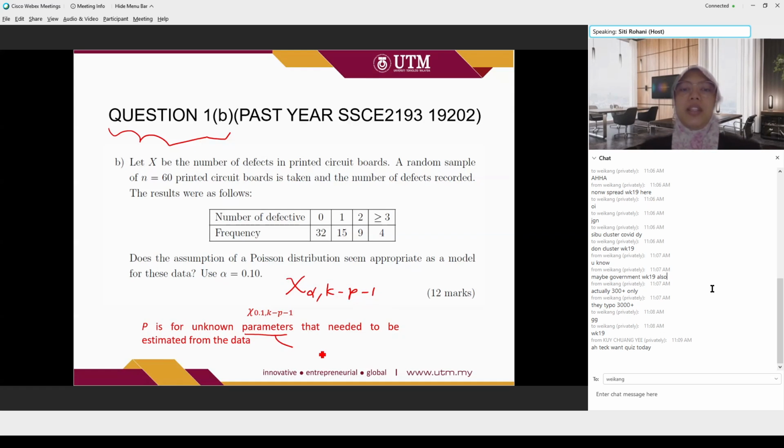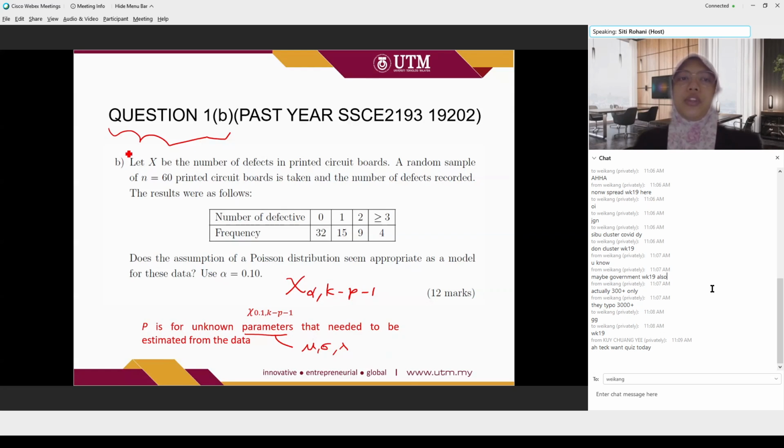Remember, parameters are the symbols for your population, which could be, for example, mu, variance, lambda, something like that. So p is for unknown parameters that need to be estimated from the data. Since the last example doesn't ask us to find unknown parameters, we considered p equal to 0.